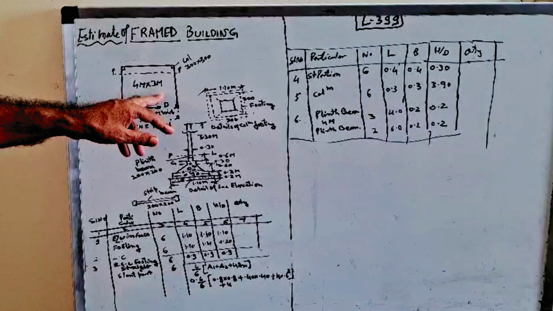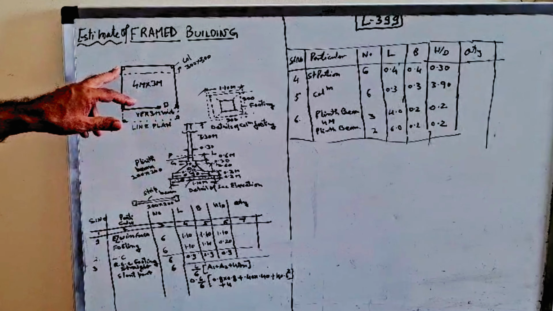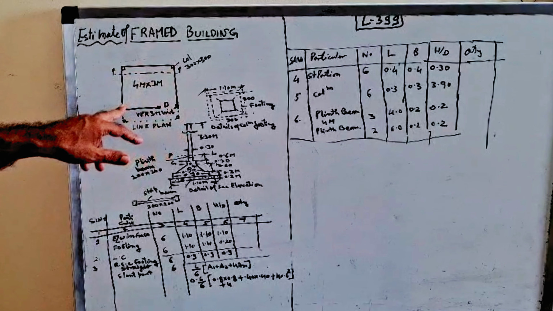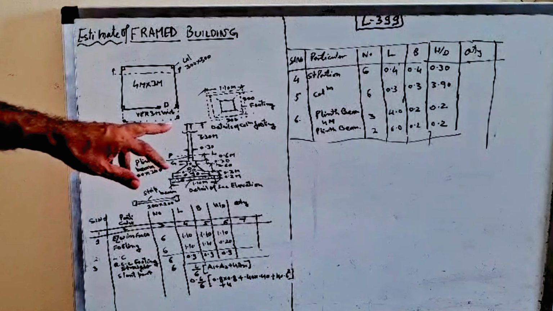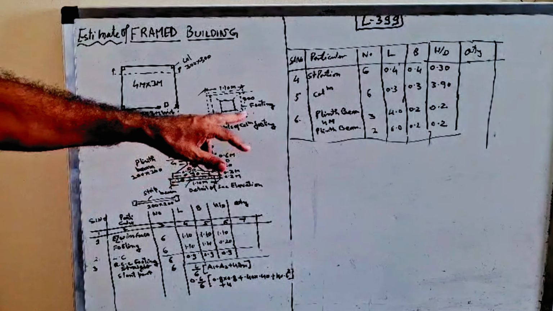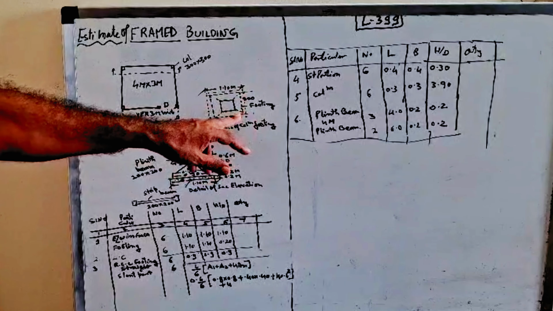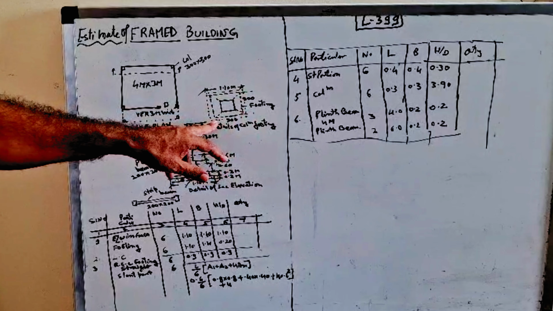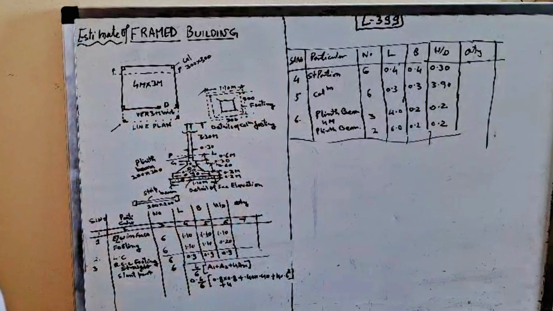4 meter by 3 meter and a veranda 3 meter wide. We have provided 6 columns: 1, 2, 3, 4, 5, 6, of size 300 by 300. So we have given the detail of this column. This is the footing, which is 900 wide on both sides, and the extension is 10 centimeter this side, 10 centimeter this side for PCC.